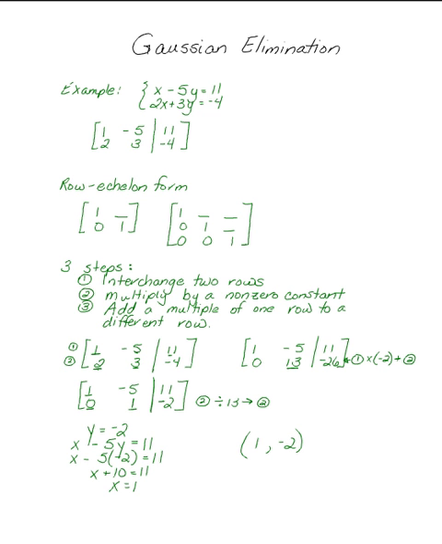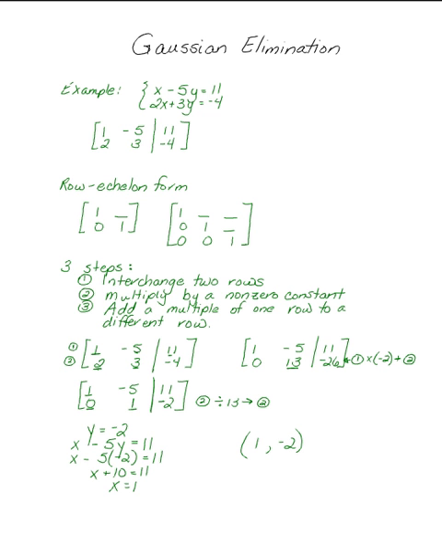If we use the row above that, then what this row 2 tells us is that y minus z is equal to 4. But we know that z is negative 3. So we do y minus a negative 3 equal to 4. That will give us that y plus 3 is equal to 4, or y is equal to 1. And if we use the top row of our matrix, what it represents is that x minus 2y plus 3z is equal to negative 11.